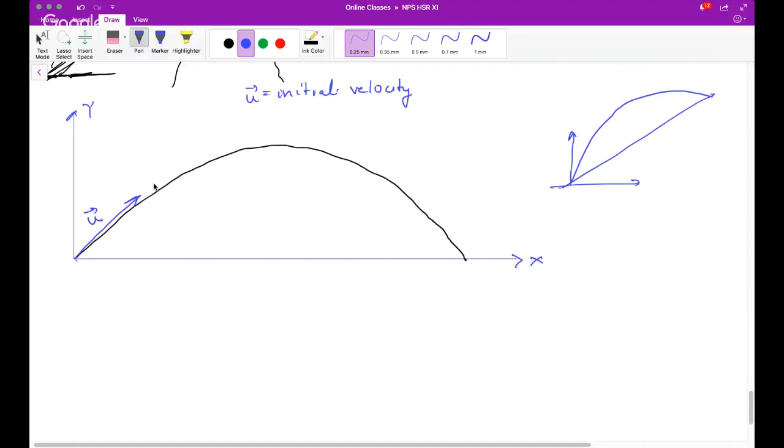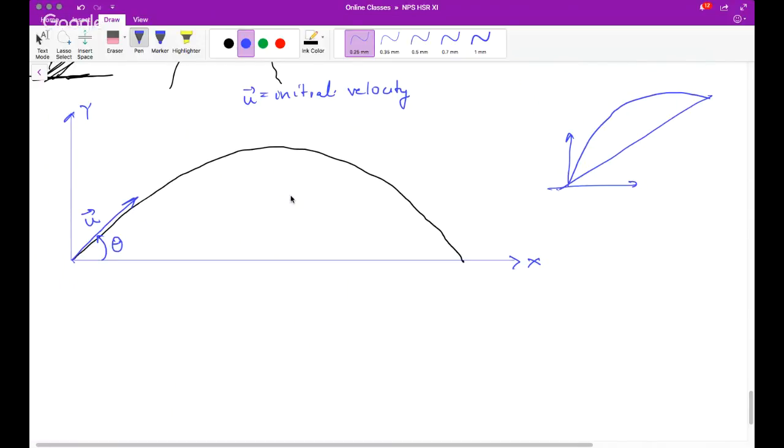At that instant, when it was launched, it was with initial velocity u. Now, let us say this angle was theta. So the instantaneous velocity at which it was thrown, at that point in time, was making an angle theta. So these are the terminologies.